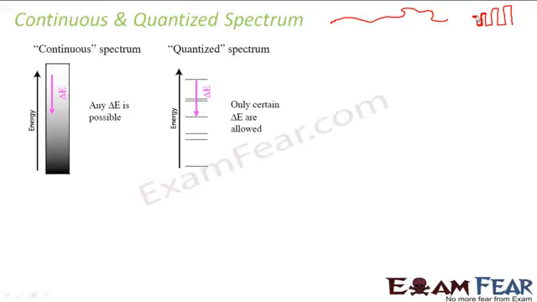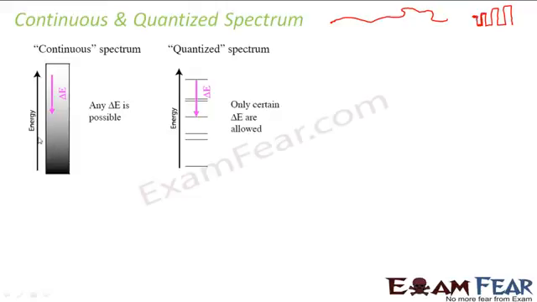We talked about continuous and quantized when we were talking about analog and digital signals. You remember? When we were talking about digital signals, we said that it can take only two values, either 0 or 1. So there are a discrete set of values which are only allowed. It cannot take any other value except 0 and 1. Similarly, when I say continuous spectrum, that means the energy can take any value.